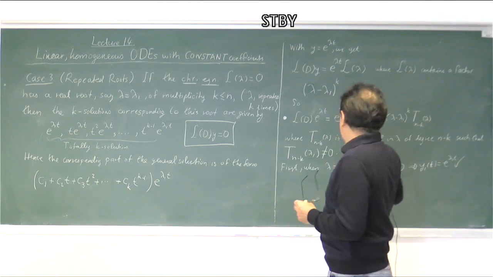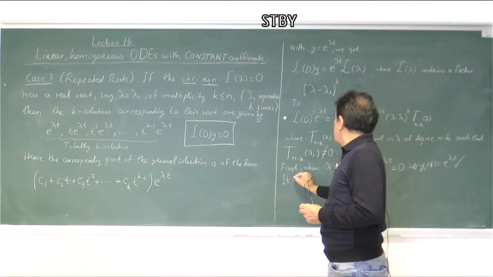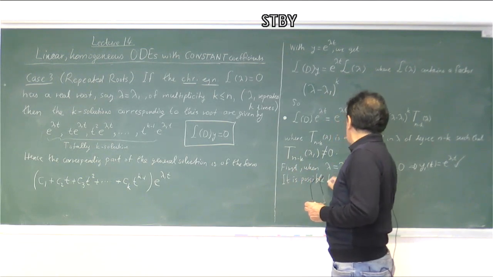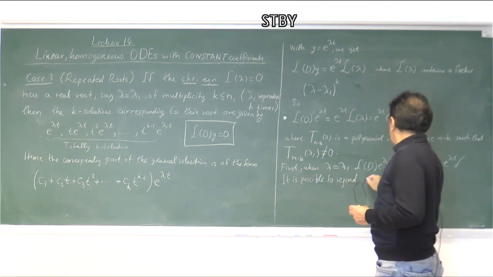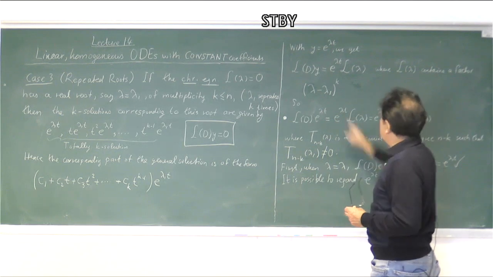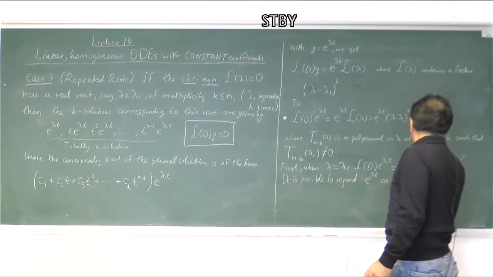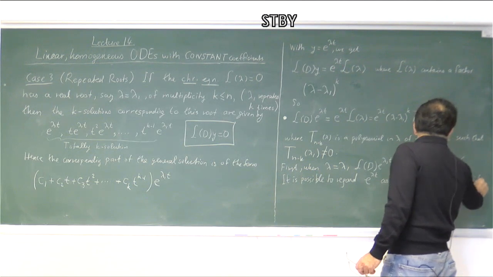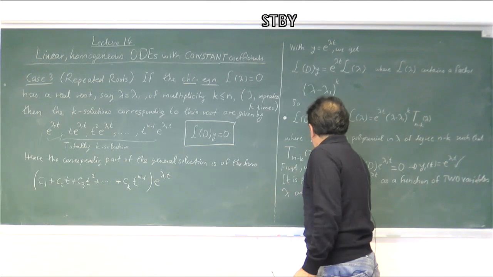Good. Now, it is possible to regard e to power lambda t, the proposed solution, as a function of two variables, lambda and t.